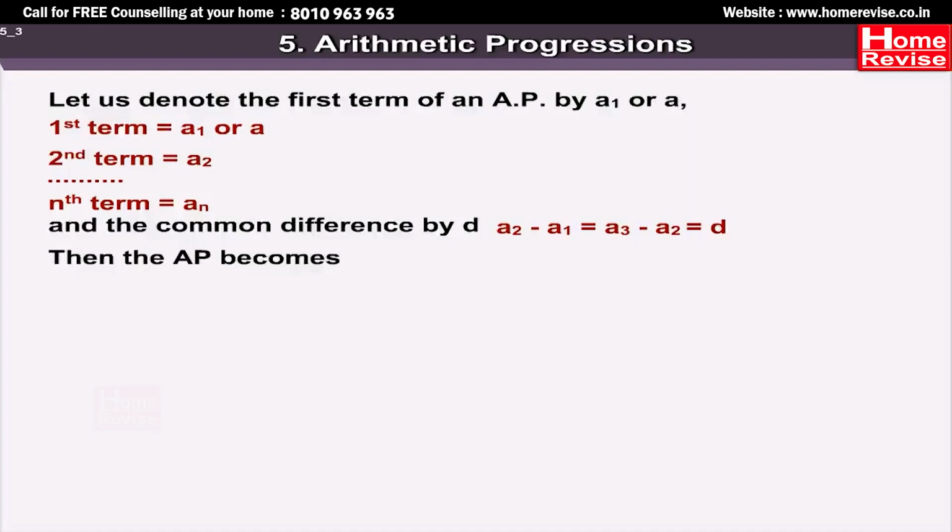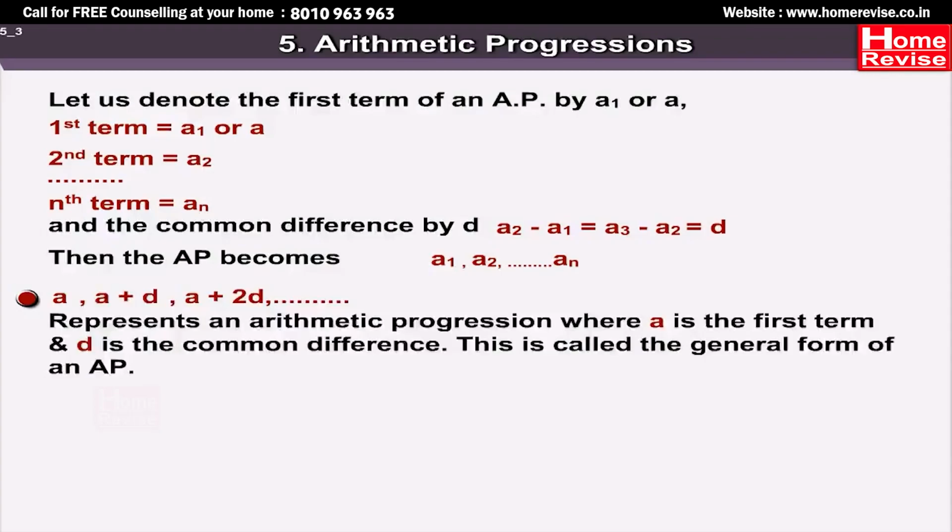Then the AP becomes a1, a2, and so on up to an. a, a plus d, a plus 2d, and so on represents an arithmetic progression where a is the first term and d is the common difference. This is called the general form of an AP.